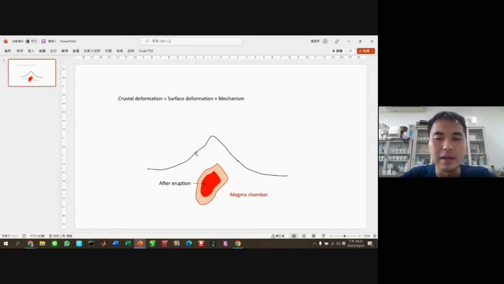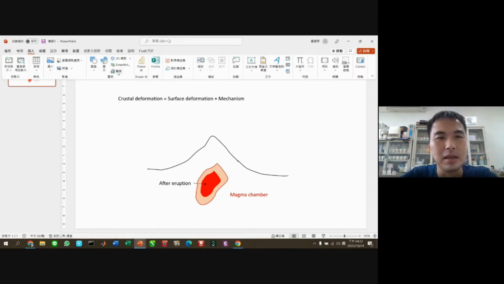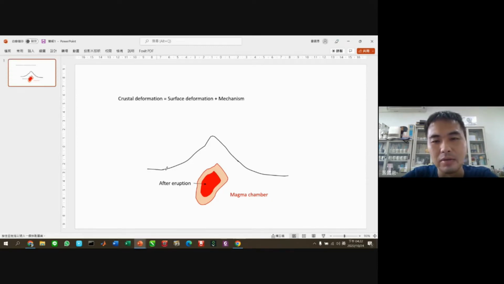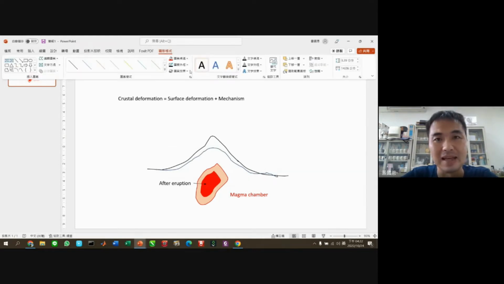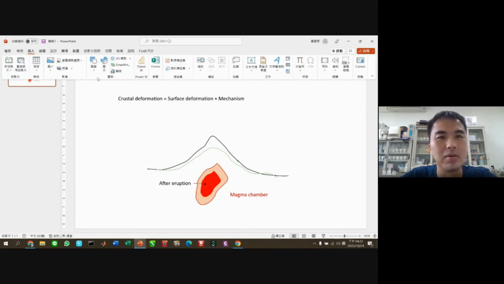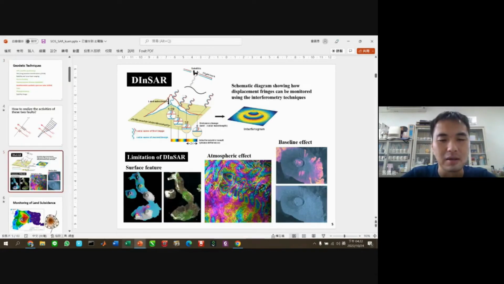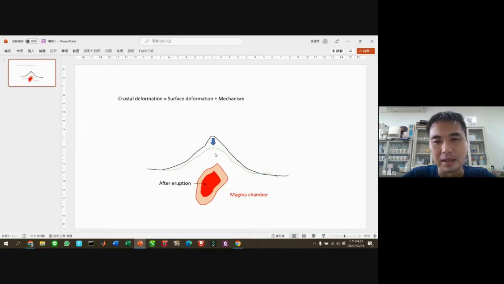And then in this case, we will see the volcano go down, something like this. Okay, so in this figure, we will get the subsidence at this volcano.